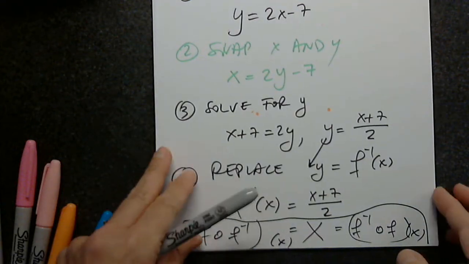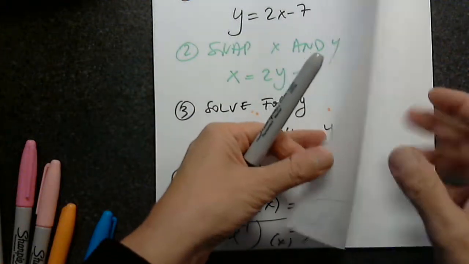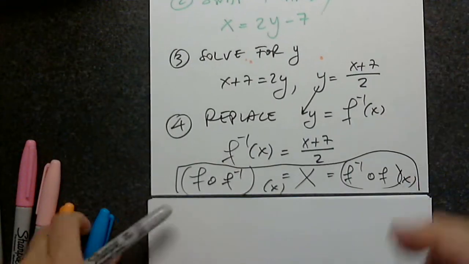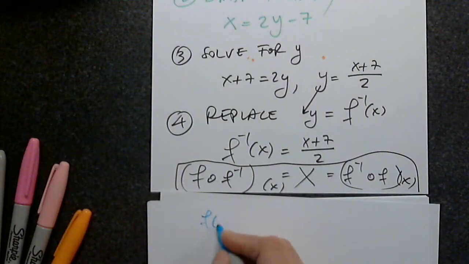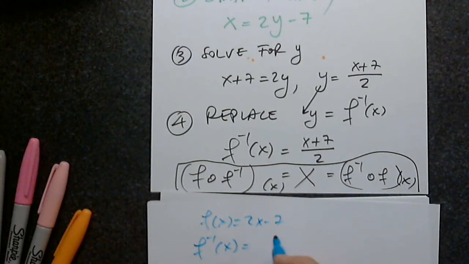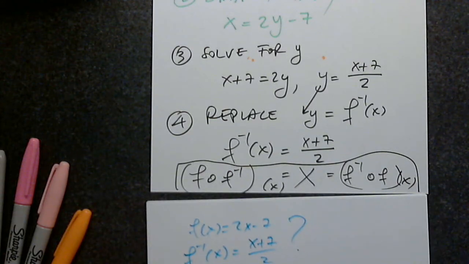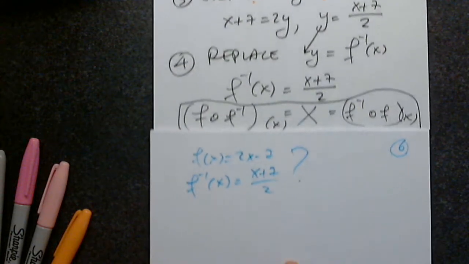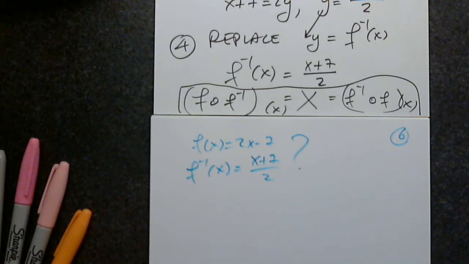So let's show we have now here 2 functions. We have function f of x that you gave me as 2x minus 7, and we determine f inverse as being (x plus 7) over 2, and we're not sure. Or we are simply given 2 functions and we are asked, hey, show that they are inverses of each other.